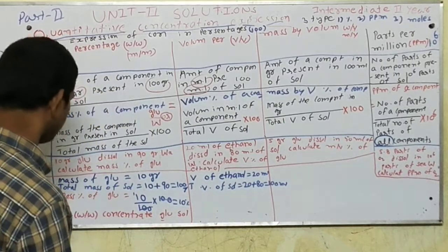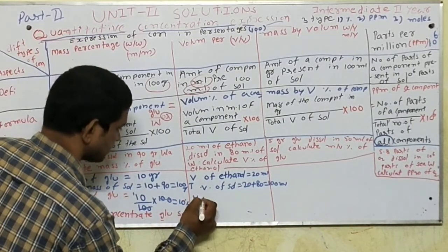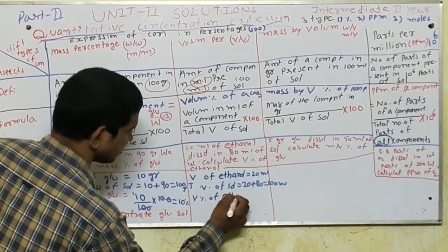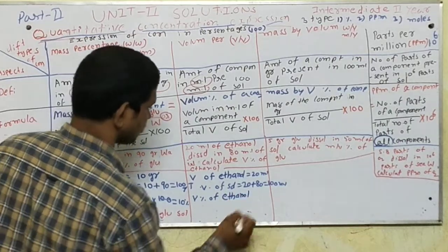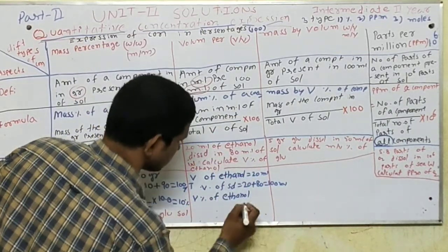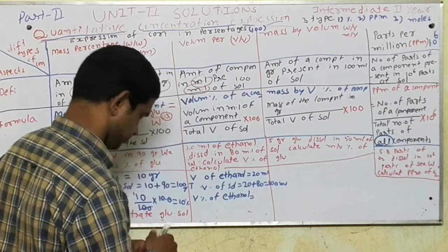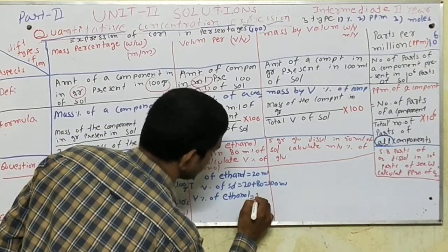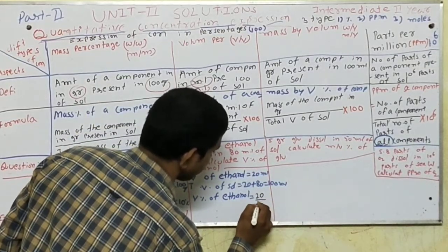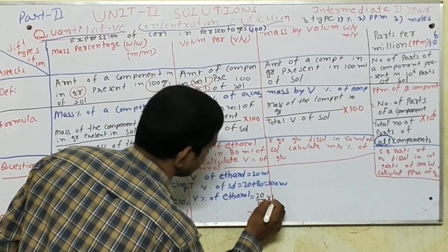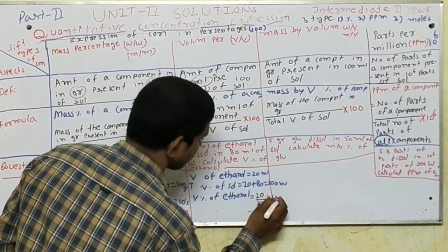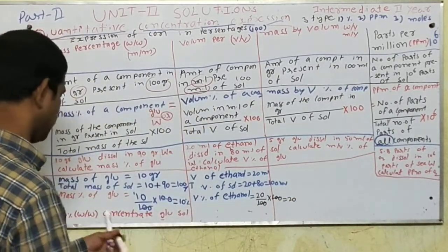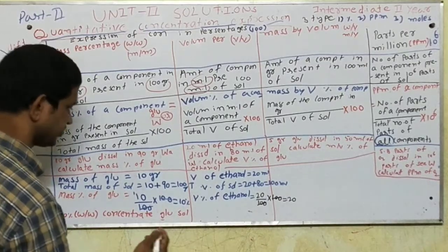Now volume percentage of ethanol, we substitute these values in this formula: 20 by 100 into 100. The 100 cancels and 20 remains.